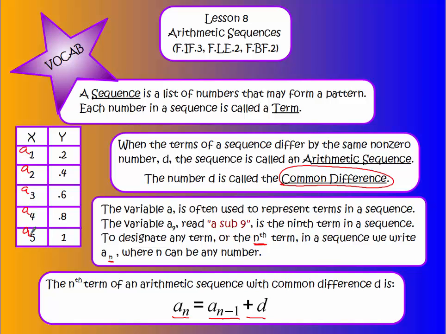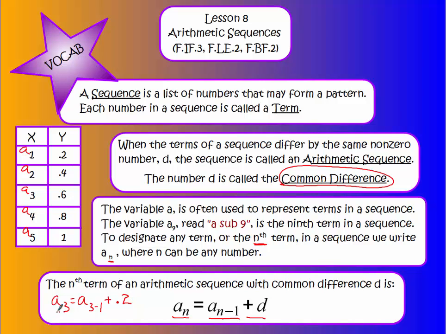So if I had a sub 3, that equals a sub n minus 1. Well, what is n? n was 3. So I have a sub 3 minus 1, and then up here I have plus d. And that common difference was 0.2. That's what d was.